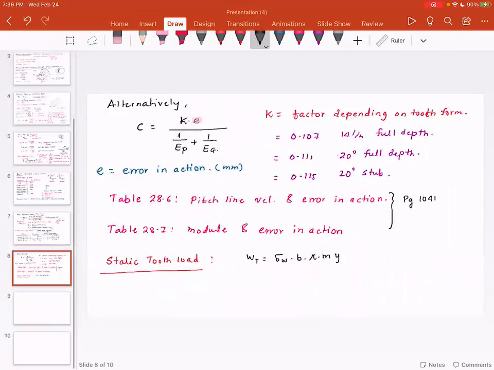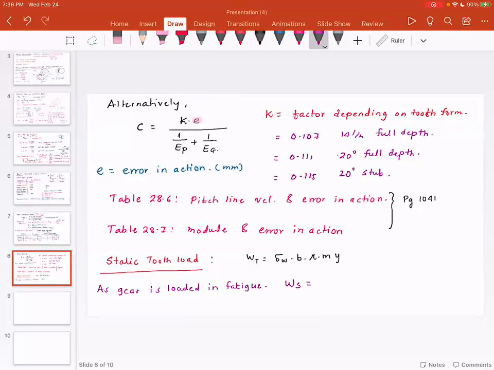Now, if I want to look at the endurance strength of the gear, this is very important. Since the gear is loaded in fatigue, because it's continuously engaging, disengaging, engaging, disengaging, I want to find out the static tooth load.